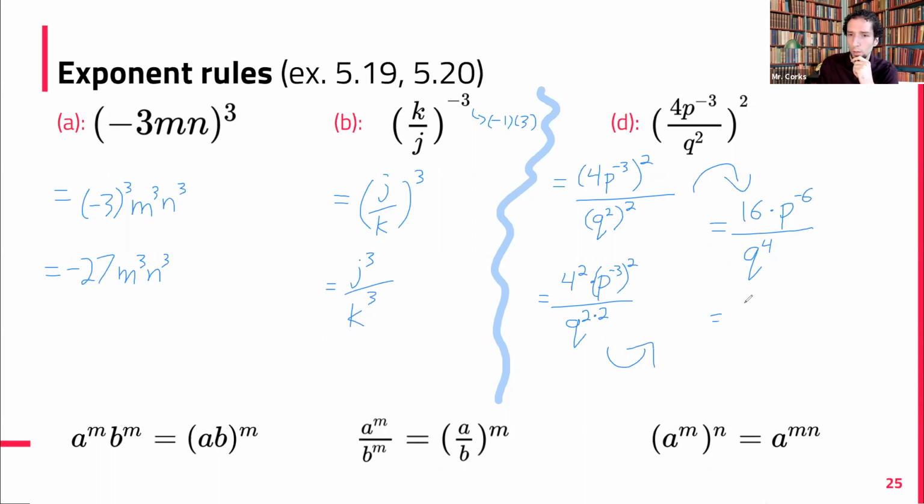1 over p to the exponent 6, and p to the exponent 6 goes to the q to the exponent 4. Okay, so that would end up going to the bottom of the fraction here. Yes, and it will be q to the exponent 4 multiplied by p to the exponent 6.